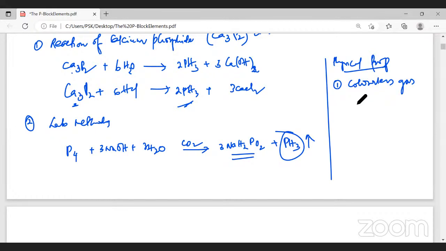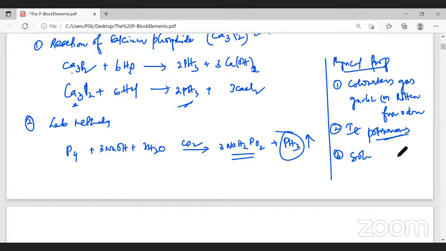It has a garlic or rotten fish odor. This phosphine is highly poisonous. It is heavier than air, and it is soluble in water. These are the physical properties of phosphine.